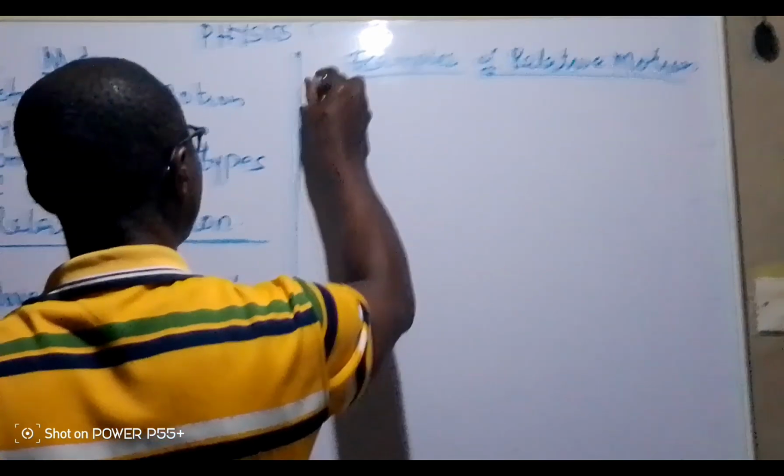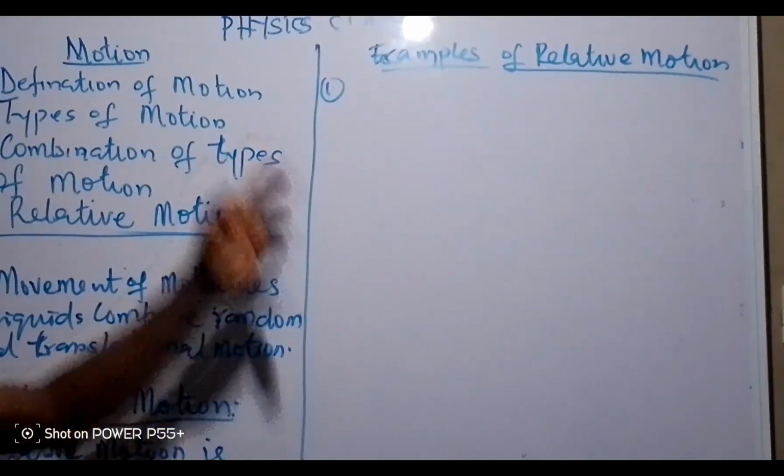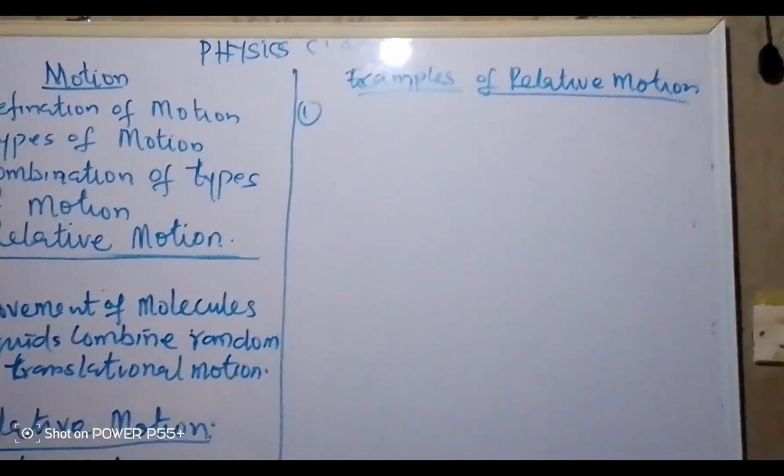Now, the first example is a person inside a moving vehicle.